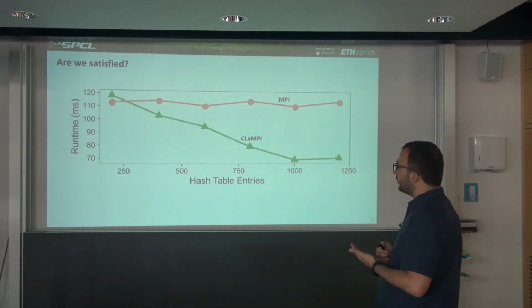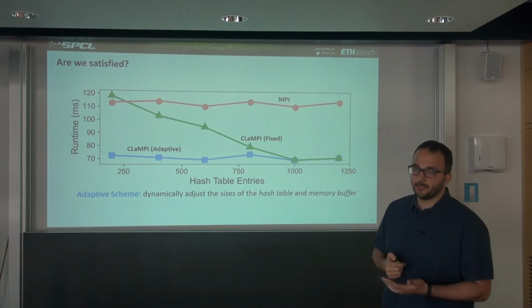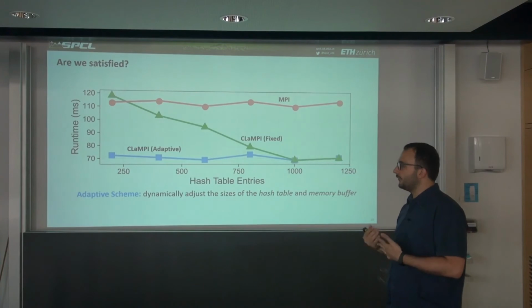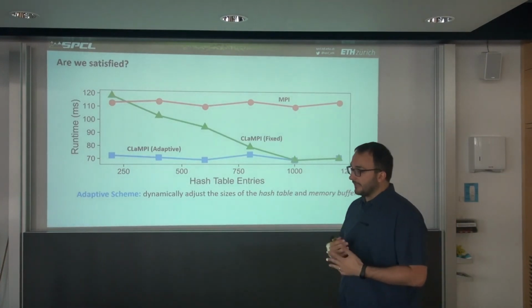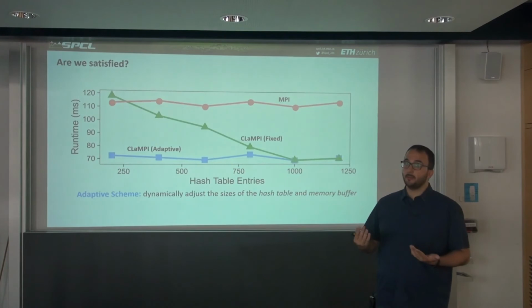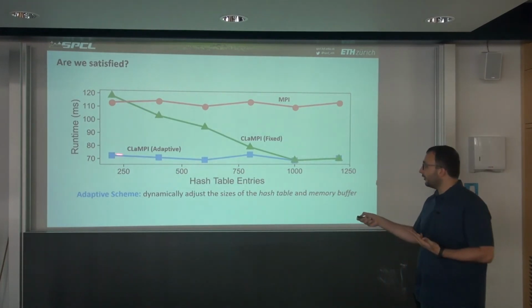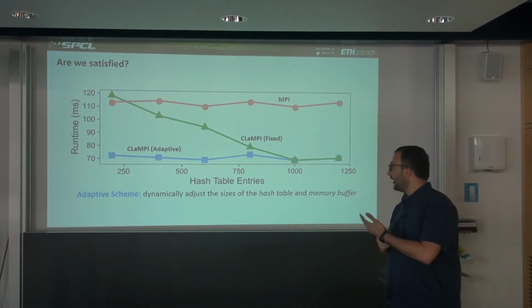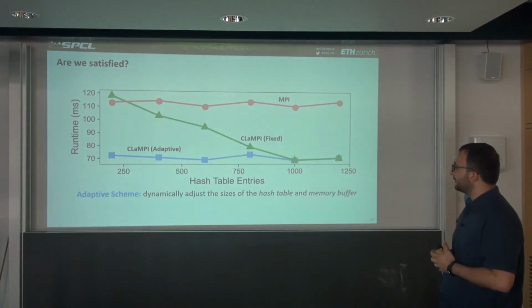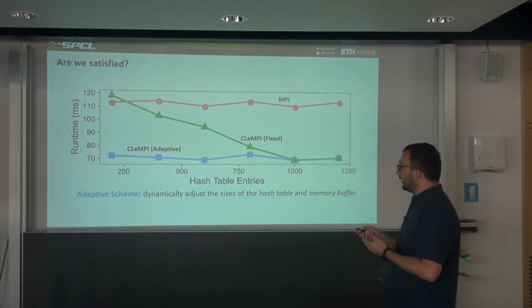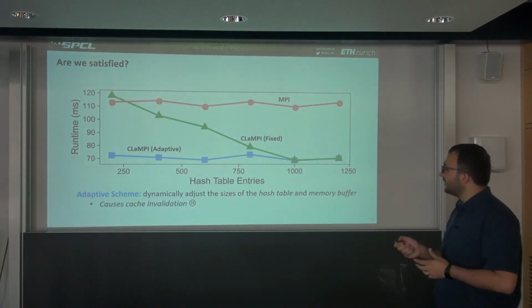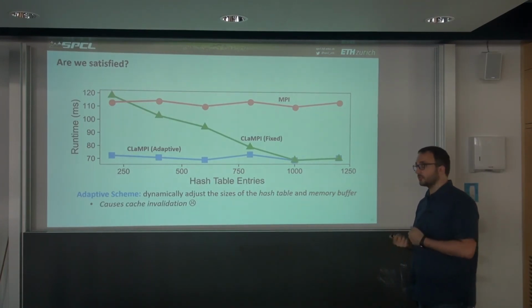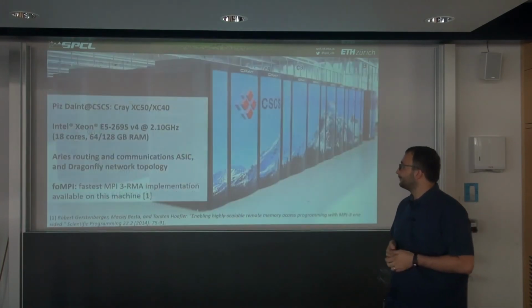For this reason, we introduce another scheme that is called CLaMPI Adaptive, and the idea of CLaMPI Adaptive is just to monitor the occupancy of the hash table and of the memory buffer, and resize the hash table and the memory buffer on the fly, in a way such that we can converge to the optimal number of hash table entries or data size for the memory buffer. The bad point of this scheme is that every time we want to adapt, we need to invalidate the cache. So this could cause some overheads.